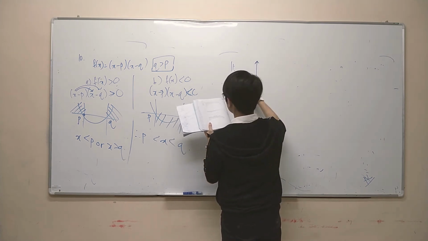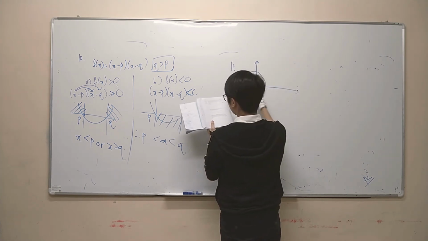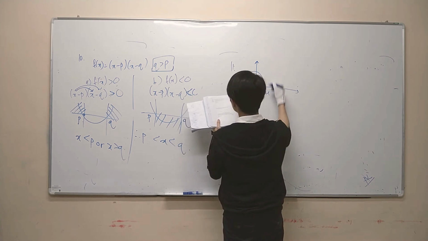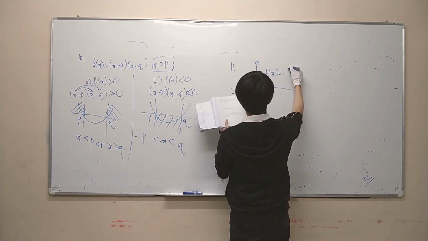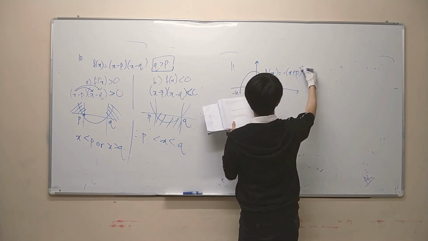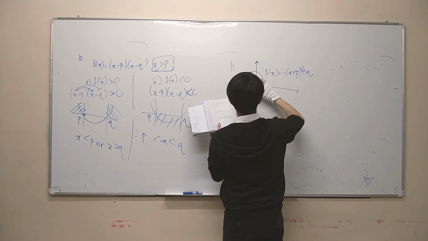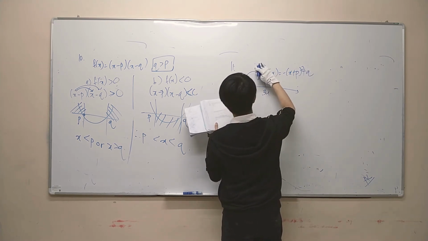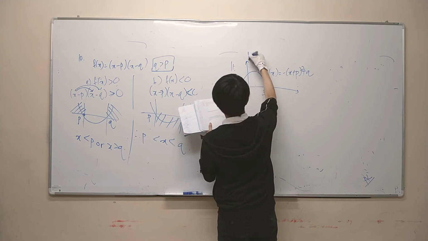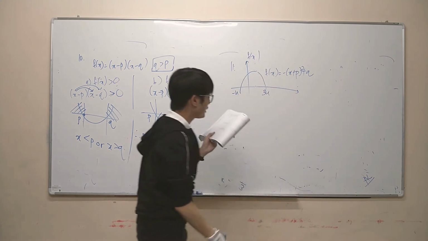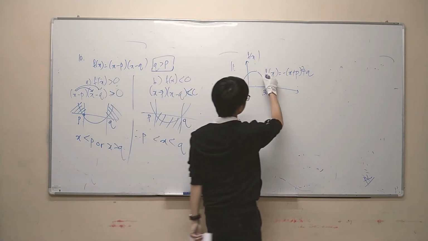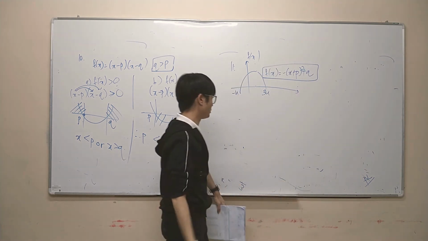Okay, I'll draw the curve first. So this is negative u, this is 3u, f(x) equals negative (x plus p) squared plus q. Okay, I draw the graph so ugly. This one should be here lah. Okay, boleh lah. Diagram 6 shows the graph of quadratic function. Is this before completing the square or after completing the square?